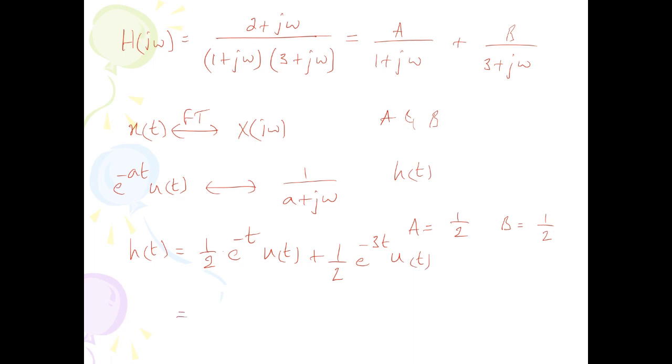The final equation is half into (e power minus t plus e power minus 3t) into u of t. This is the impulse response of the given stable LTI system.